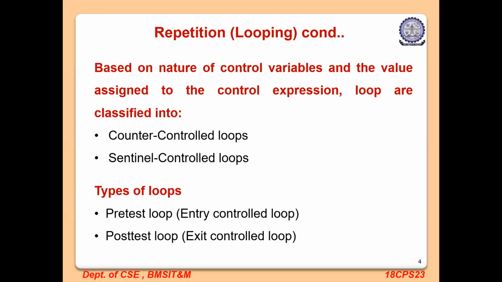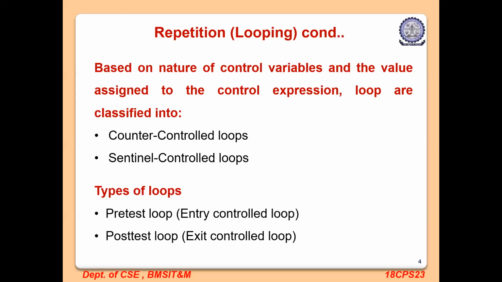So in the sentinel controlled loop, a special value called a sentinel value is used to change the loop control expression from true to false, as I said. The example I can give you is when we are reading data from a file and you need to know how many characters are present in the file.